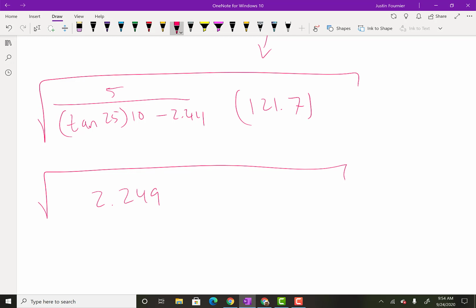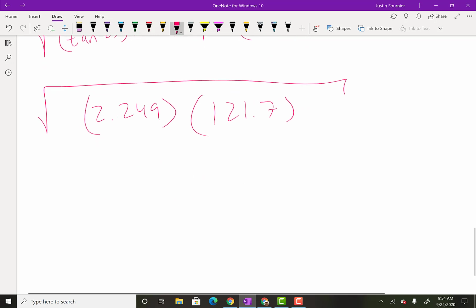That's probably way more decimals than I need. Times 121.7. So I'll multiply those. Take the square root of all that, and I get 16.5 meters per second.